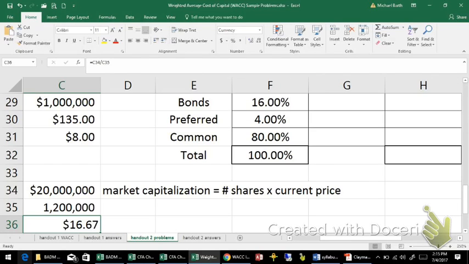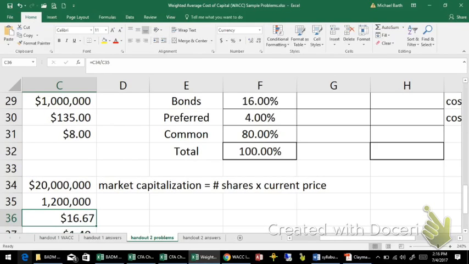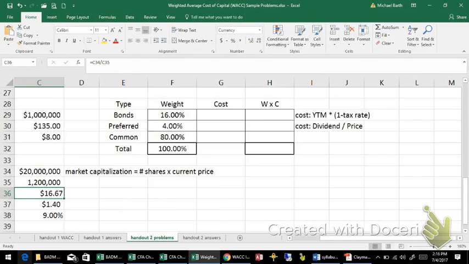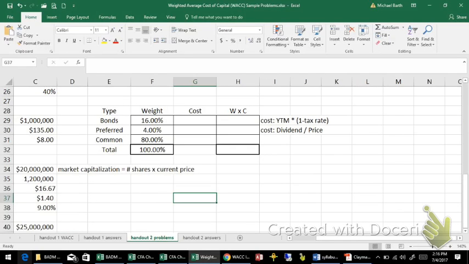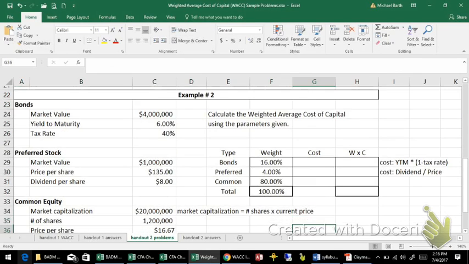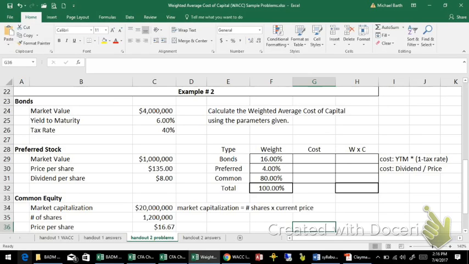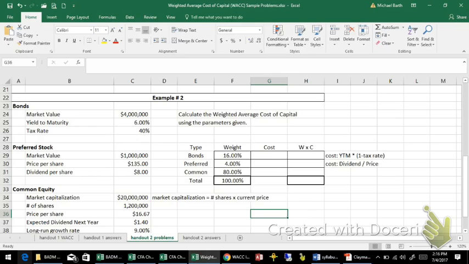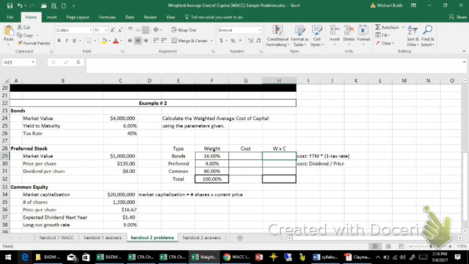Alright, so go back to solving for my parameter numbers. The cost here would be 6% times 1 minus the tax rate of 40%.